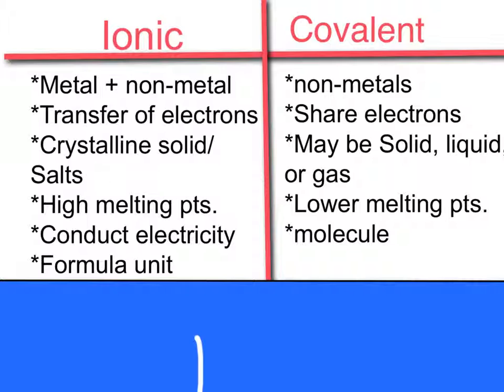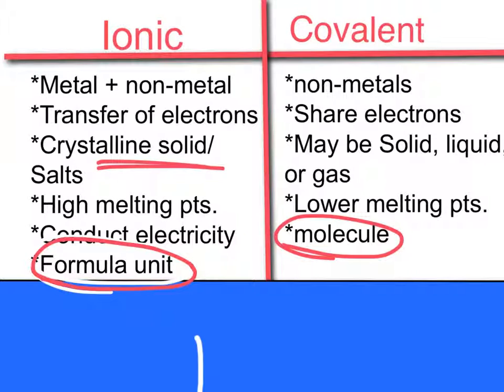And there's a major difference here between a formula unit, which is what we call the lowest whole number ratio in a crystalline solid of an ionic compound, and a molecule, which is the actual ratio of atoms in a covalent compound. For example, sodium chloride really exists as sodium and chlorine and sodium and chlorine in this three-dimensional crystalline structure.